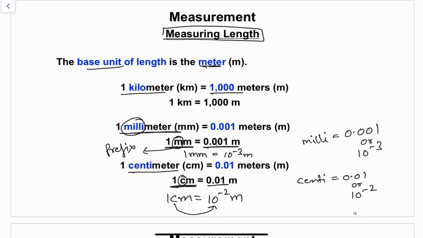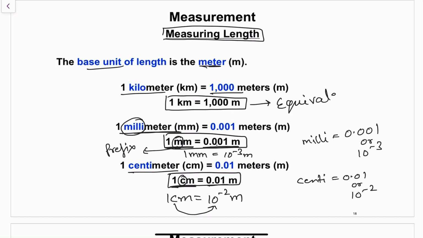So whenever you see this kind of equivalency, like 1 kilometer is 1,000 meter, 1 millimeter is 0.001 meter, 1 centimeter is 0.01 meter, all these equal numbers we call equivalency, like I already told you. That means they are equal, right?